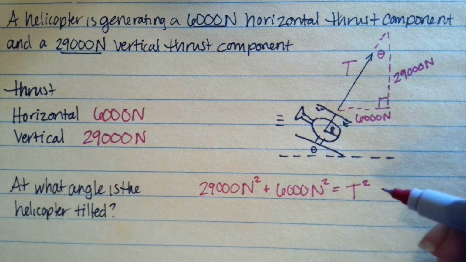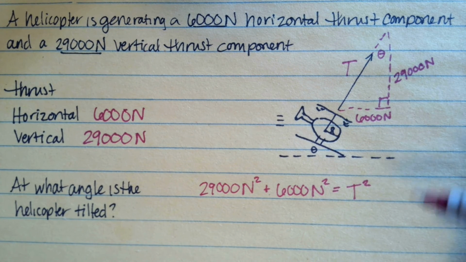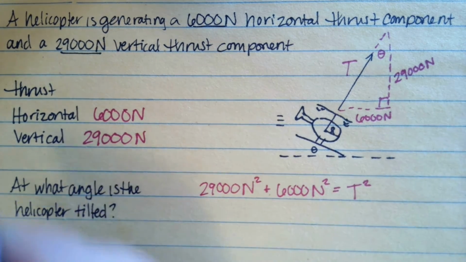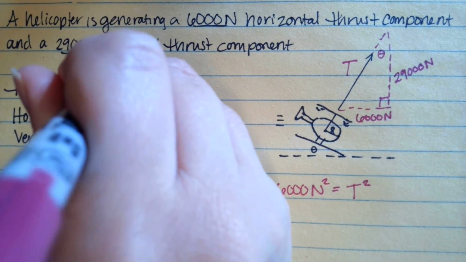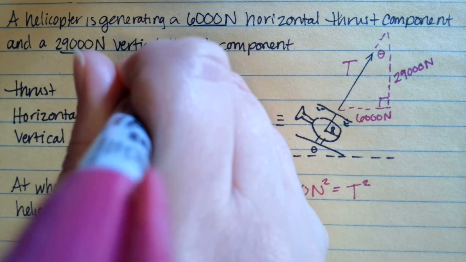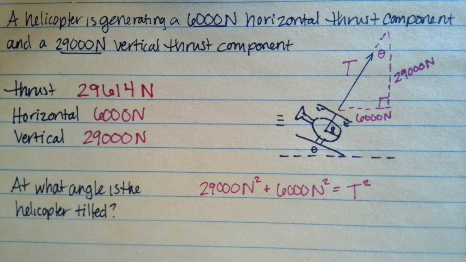Anyhow, we would end up getting thrust equal to, and that part I think you could do on your own, 29,614 newtons. Of course, your numbers will be different. The Pythagorean theorem part, I'm pretty sure you guys have that because you're good at that.